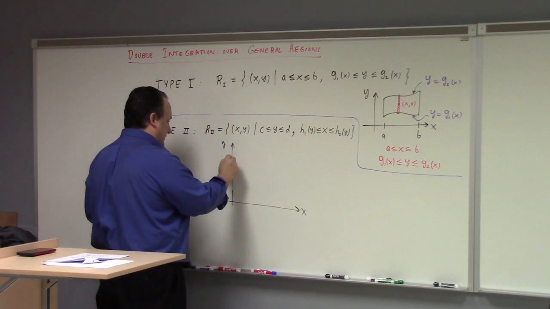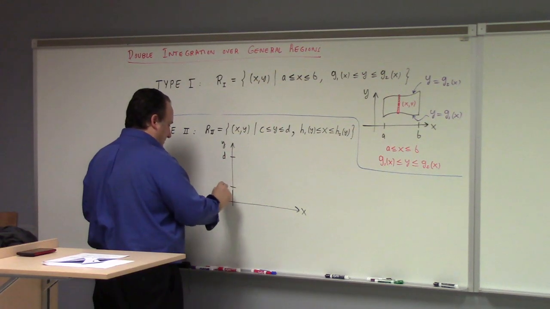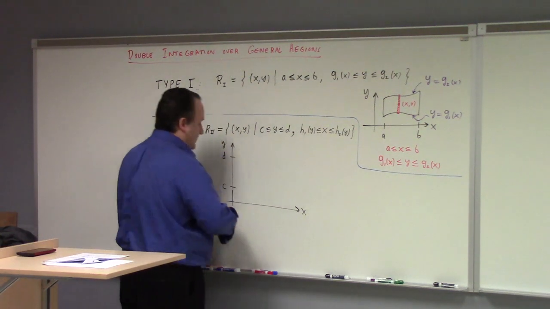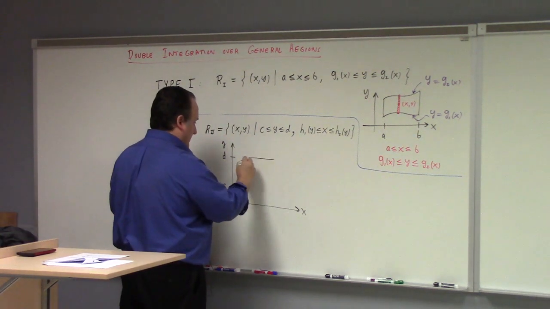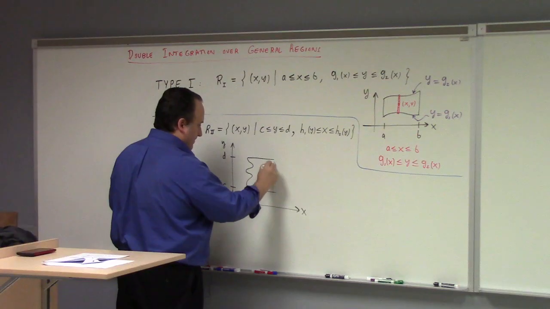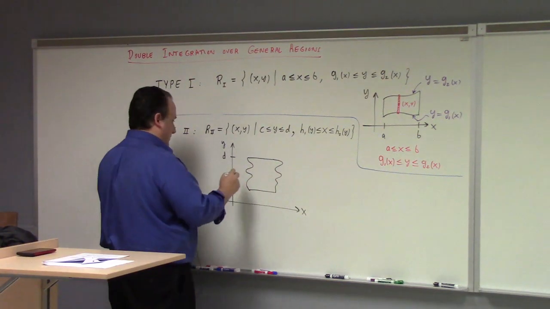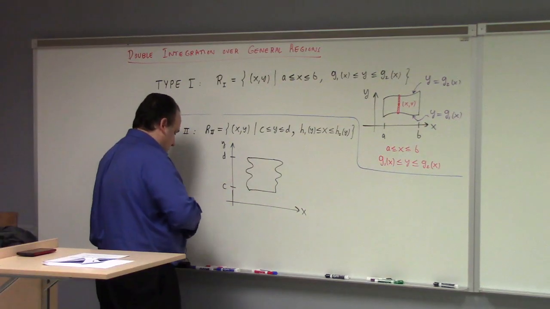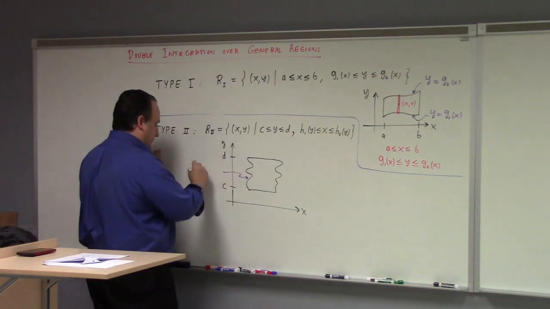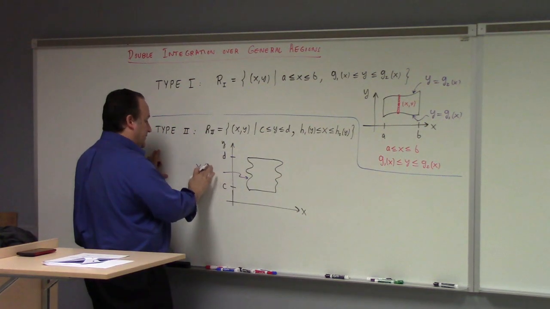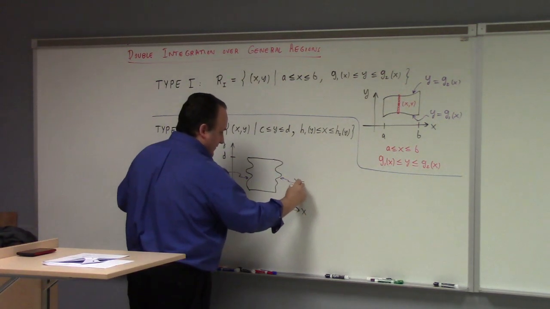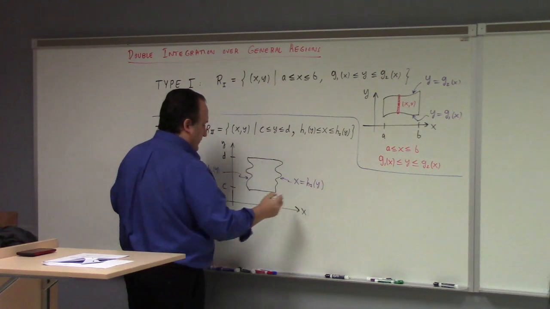So we're going between, let's say, c and d. And this right here would be x equals h1(y), and this over here would be x equals h2(y).